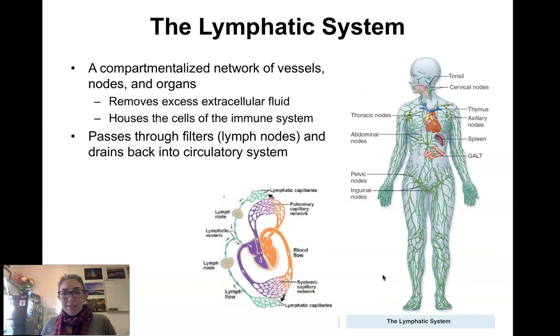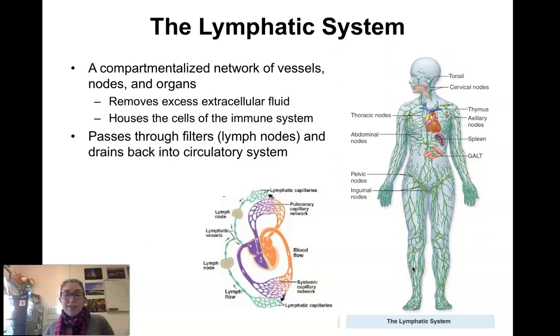So the lymphatic system is really the system in the body that houses the cells of the immune system, all of our white blood cells. So we'll see that our white blood cells and red blood cells actually are all generated from the bone marrow. But the white blood cells, once they mature, primarily reside in the lymphatics. So it's a network of vessels that goes throughout the body, and its job is two parts.